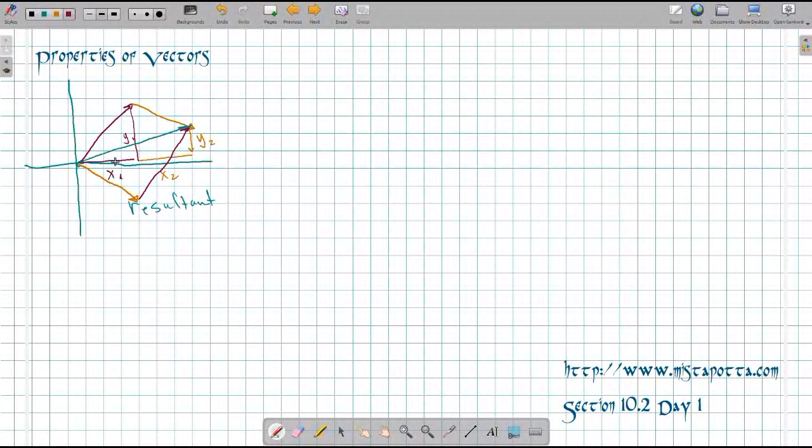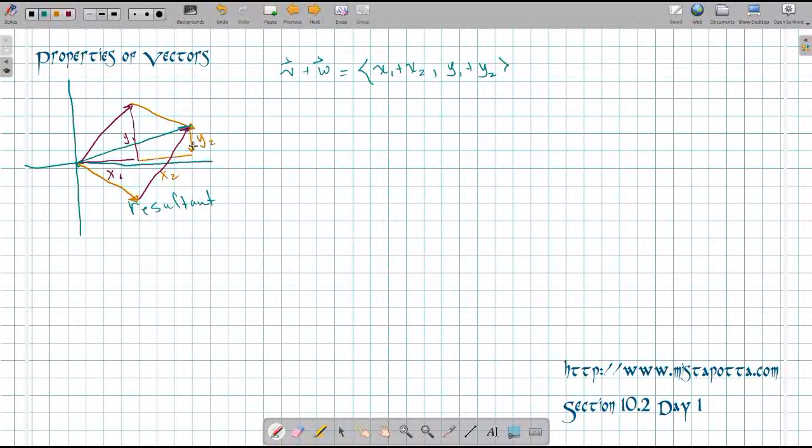So the first property is that I can take two vectors, v and w, and add them together. What I end up with is adding the horizontal components and adding the vertical components of each vector.